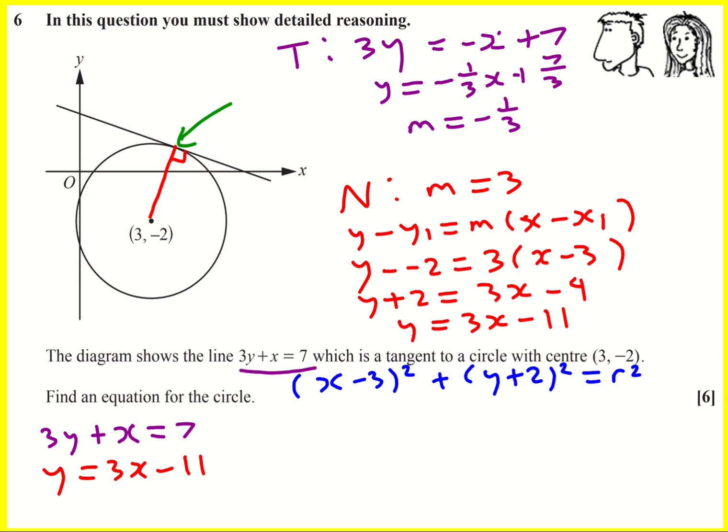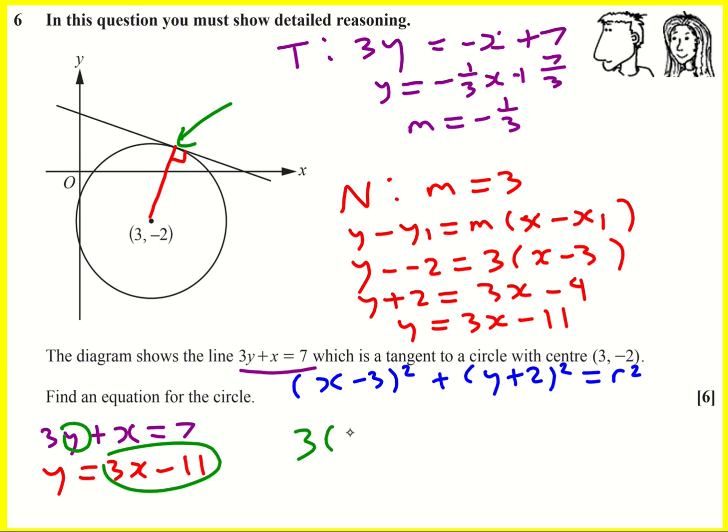You can do this using various methods because of the way they're written out. I'm going to use substitution. I'm going to replace this y by 3x - 11. You can use elimination if you prefer, which is when you start adding and subtracting simultaneous equations. You just need to have them in the right format.